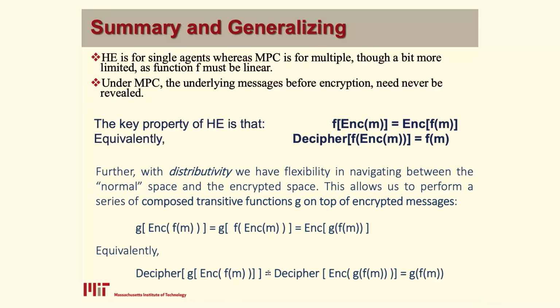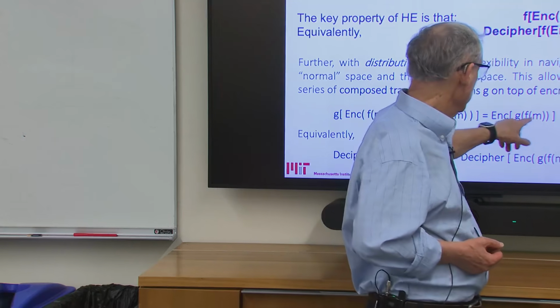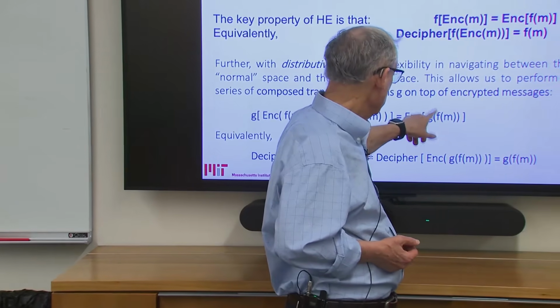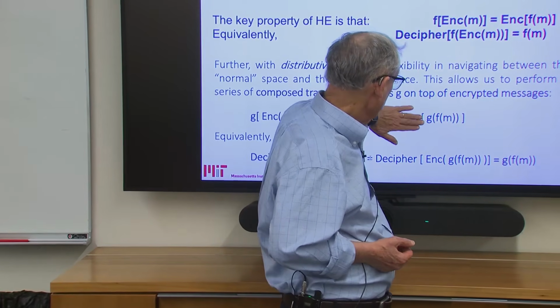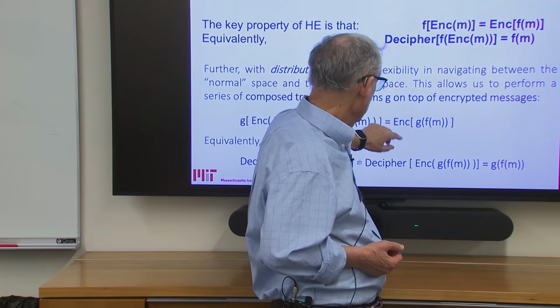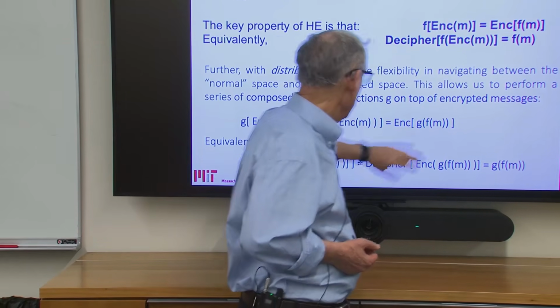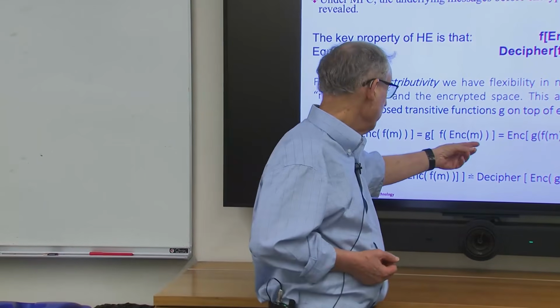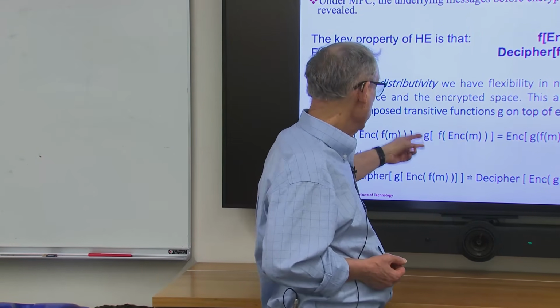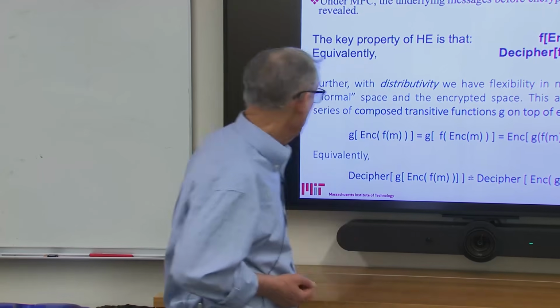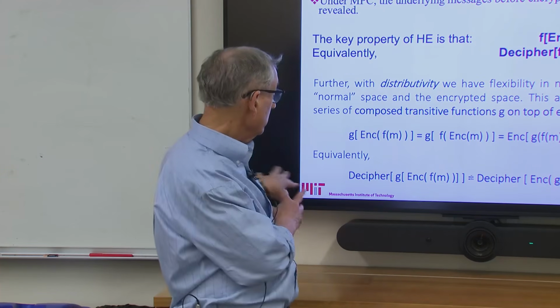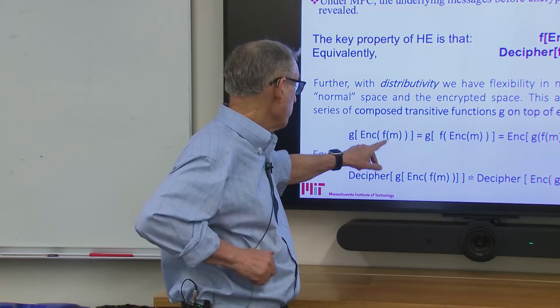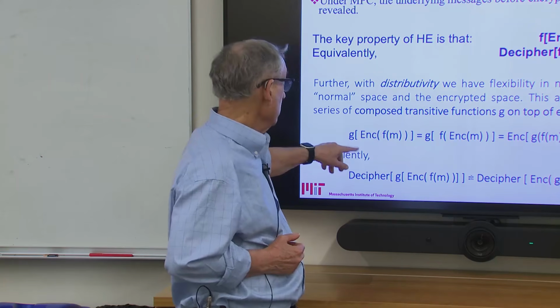Just want to say, you can operate on F too. You'd have a function G, you have M producing F and then some G composed on F, and that's what you really want, and you encrypt it, so this would be the outcome in an encrypted space. That could be generated by having M encrypted into F and then operating on G, or you could just have F of M running on the side in some private survey and then encrypt that and have G operating.